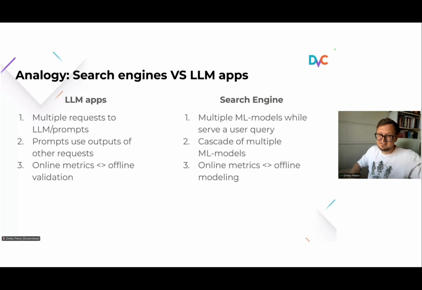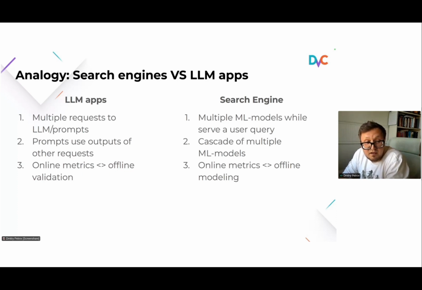These models are organized in some cascade, right? The same with LLMs. You have multiple prompts, multiple requests to the LLM, and they are connected to each other. There is a complicated cascade. LLMs might be even more complicated because the cost of creating this model is pretty small, right? You can generate many different prompts.